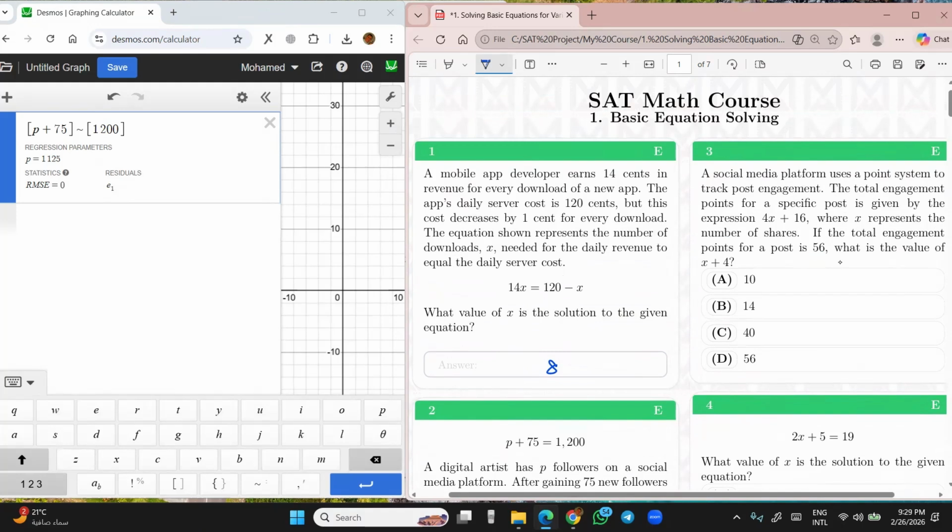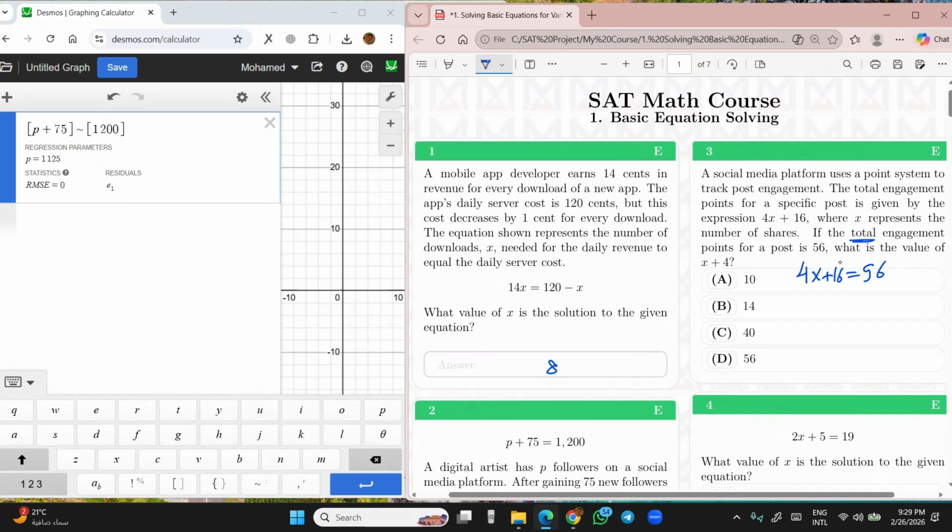And here we need to know that the total is given for all of that. So all of this gives a total of 56, which transforms this expression into an equation. So you can write 4X plus 16 is equal to 56, because this is the total. And the total means that the expression contains a positive sign between the two terms. So this is our equation right here.